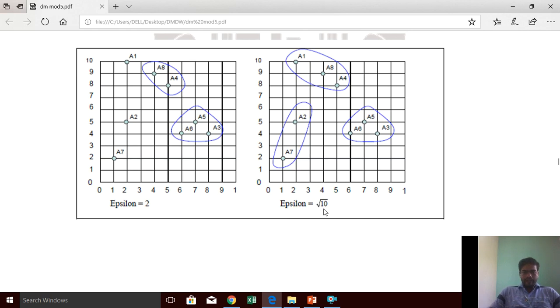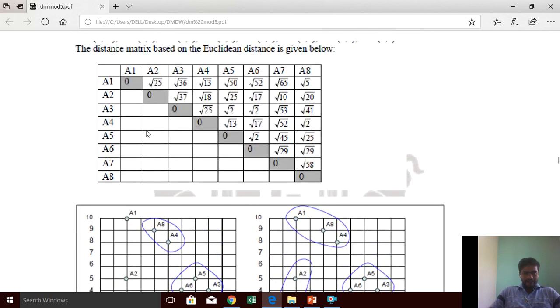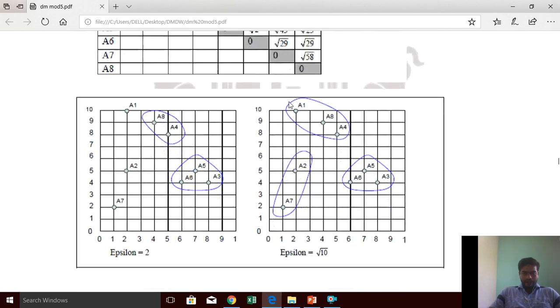Now if you increase epsilon to root 10, additional points will be included. Now A1 to A8, what is the distance? Root 5. So A1 and A8 will combine.